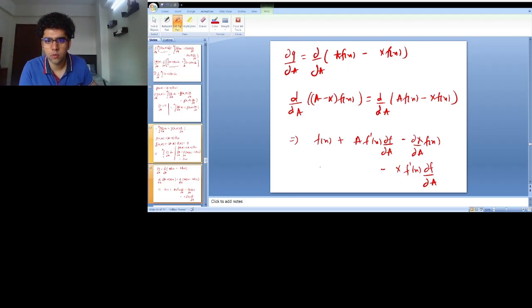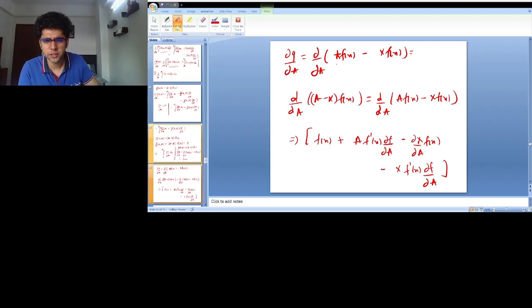This would have become my whole expression, but we only need the partial derivative, which says just find the derivative of the whole expression with respect to a and don't touch the other function. This term is 0 because it does not have any a.